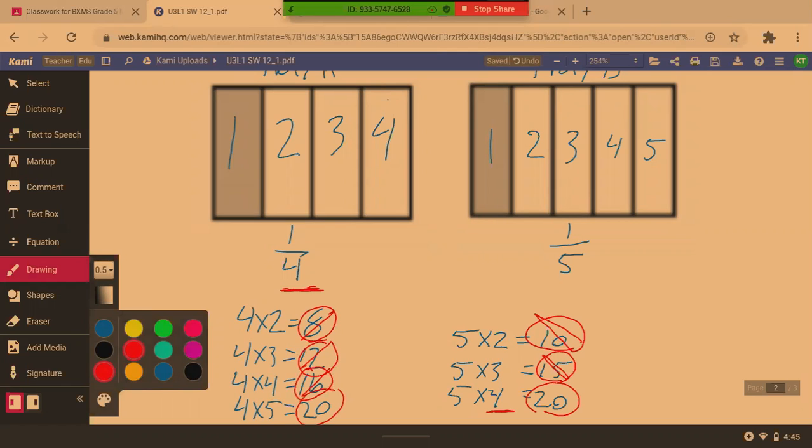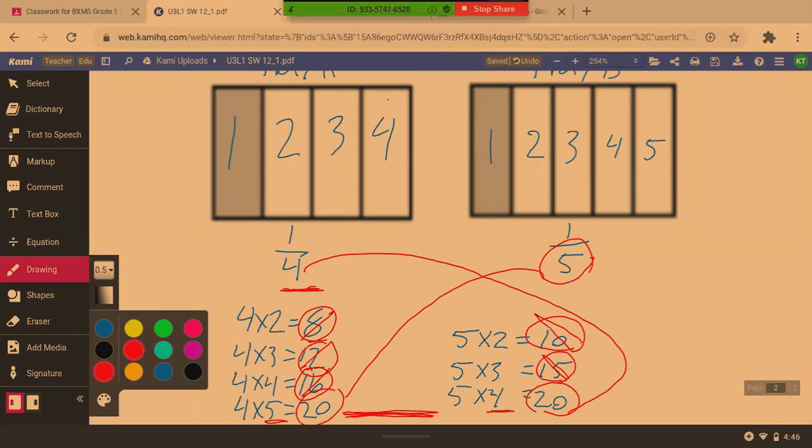No. 20? Yes. We need it to be even. It cannot be left over with a remainder. So the number that they have in common and that they can go into evenly is 20. 4 can go into 20 evenly, and 5 can go into 20 evenly.